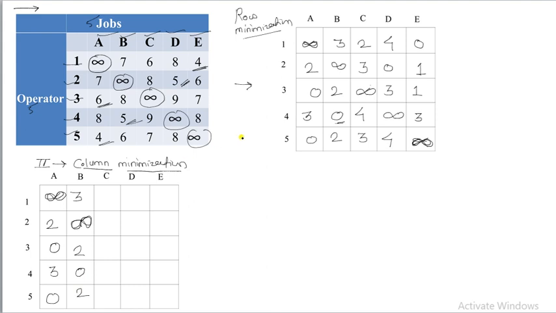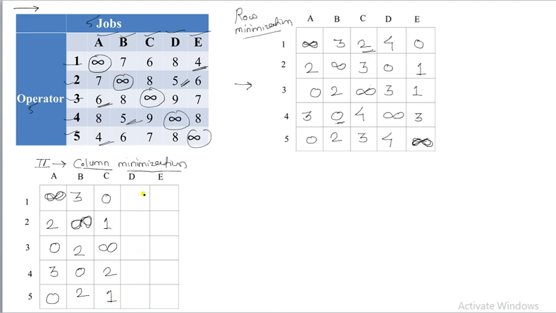In the third column, the smallest value is 2. So 2 minus 2 is 0, 3 minus 2 is 1, here infinity as it is, 4 minus 2 is 2, and 3 minus 2 is 1.